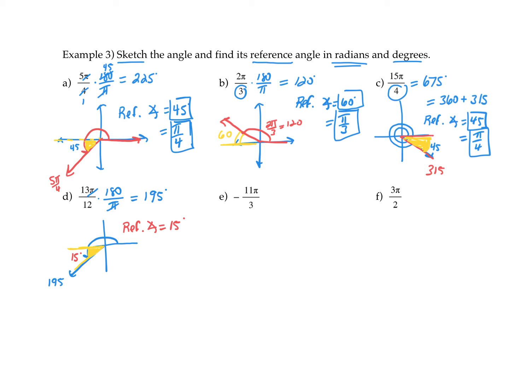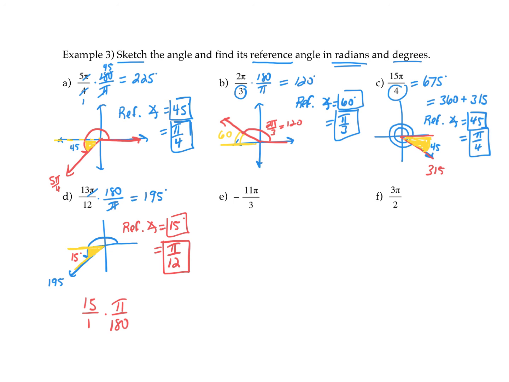We haven't seen anything other than the standard angles that we used on the previous page. Convert that 15 degrees back to radians, and it would be equal to 1 pi over 12. And again, you're converting it back by taking 15 and multiplying by pi over 180.